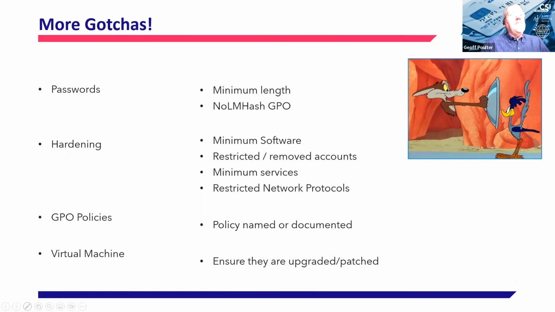Hardening, again, I've mentioned that. It catches people out, I think partly because they don't necessarily understand what IT hardening is. It consists of 4 things: having the minimum software on the machine in the first place, removing built-in accounts, things like your standard administrator account, having the minimum services running.